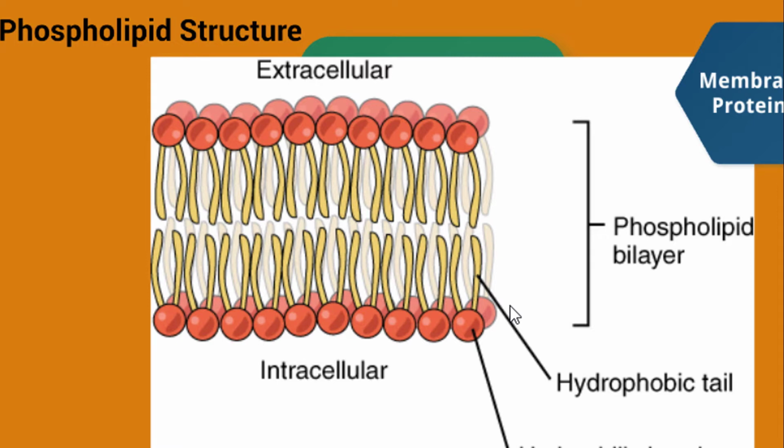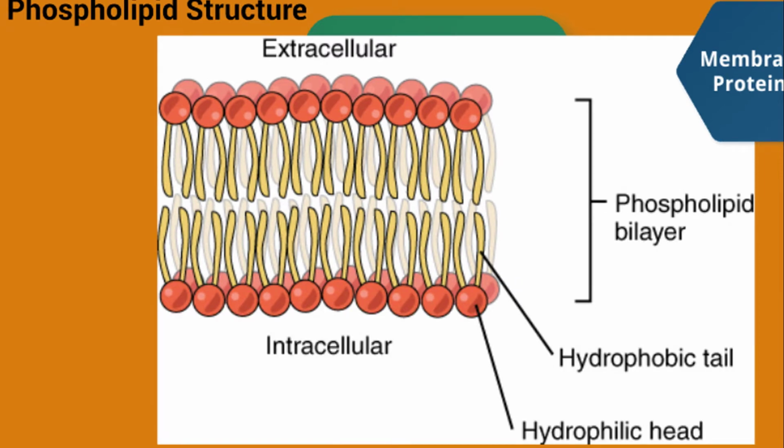Because the phosphate groups are polar and hydrophilic, they are attracted to water in the intracellular fluid. Intracellular fluid abbreviation is ICF. Intracellular fluid, ICF, is the fluid interior of the cell. The phosphate groups are also attracted to the extracellular fluid.